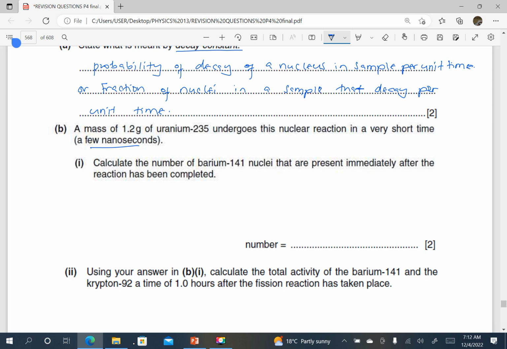So the number of barium nuclei: we know that number of nuclei over Avogadro's number is the same as mass divided by molar mass. So N will be the mass, 1.2 grams, divided by the molar mass of uranium-235, which is 235 grams, times Avogadro's number, 6.02 times 10 power 23.